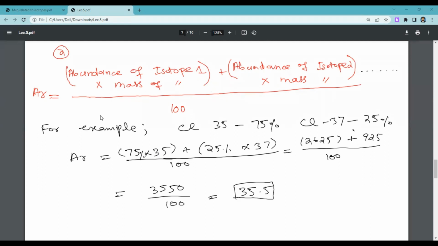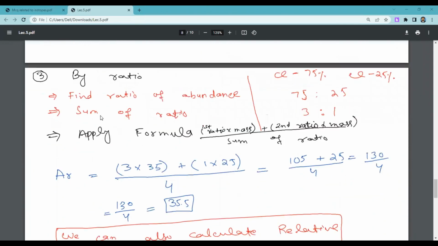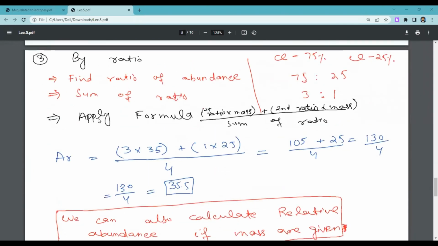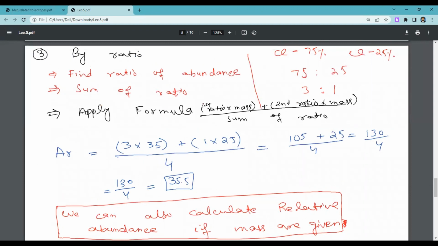And the third method is different from these two methods. The third method is a calculation of relative atomic mass by the ratio of abundance of these isotopes. How will the ratio of abundance of these isotopes help to calculate mass? The first step is to find the ratio of abundance of isotopes.